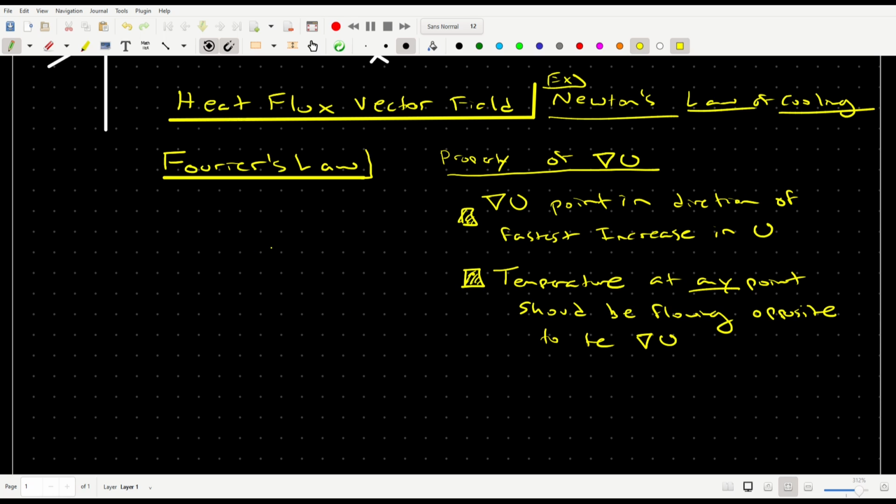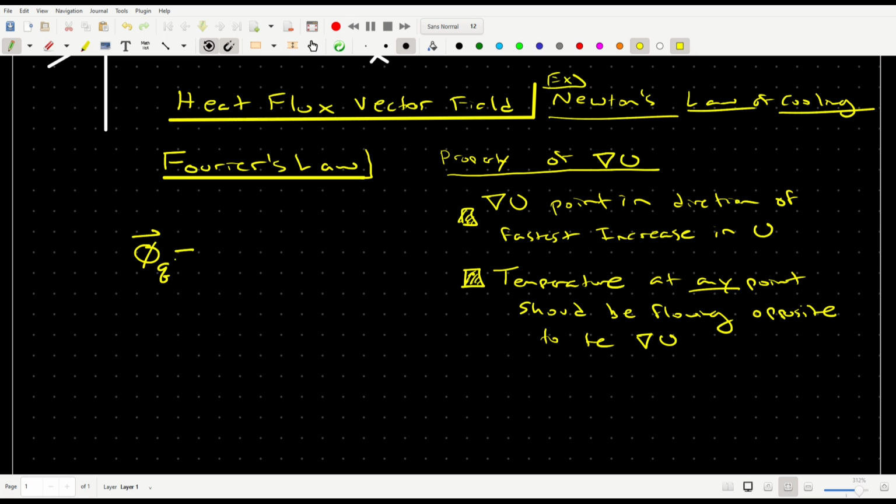So what we're going to say is that the heat flux vector field, which gives the flow of heat energy at any given point, sometimes also called the flux density, and it's denoted in a wide variety of notations, but we'll just call it phi_q. It's a vector field, a vector function of position and time.